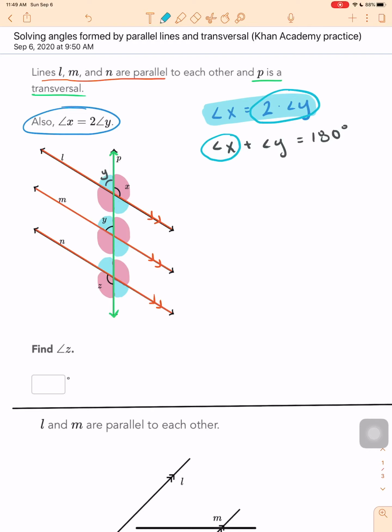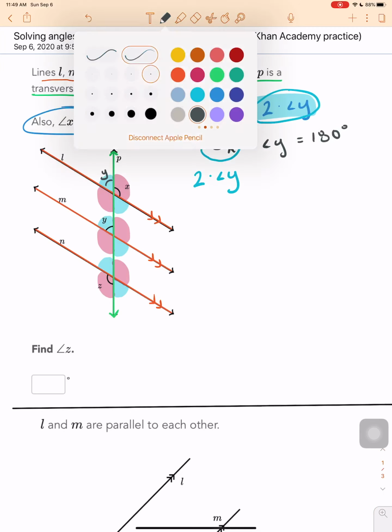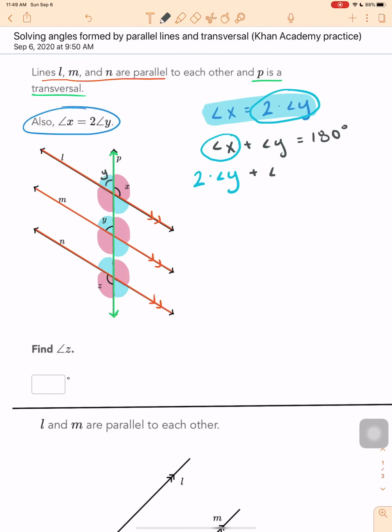I cannot solve for both angle X and angle Y right here, but I know angle X is equal to 2 times angle Y. So if I substitute that in for angle X, now the only variable I have to figure out is angle Y. Treat angle Y just like any other variable. I didn't even need to draw the angle symbol here; I could have just said Y. But I do want you to see angle Y is just a placeholder because we don't know its measurement.